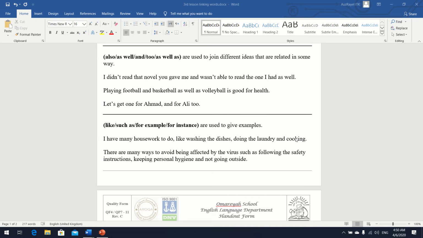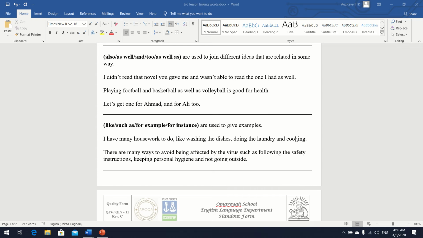The idea is a little bit related, which is reading novels, while the difference is the first one is about the novel that someone gave me, and the second is about the novel that I already had.